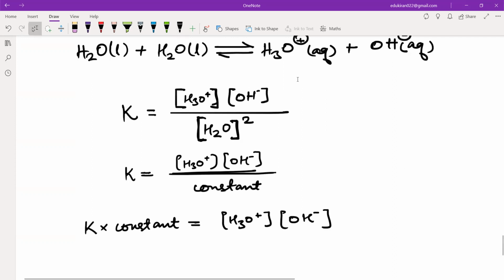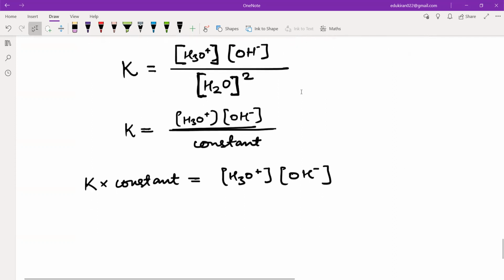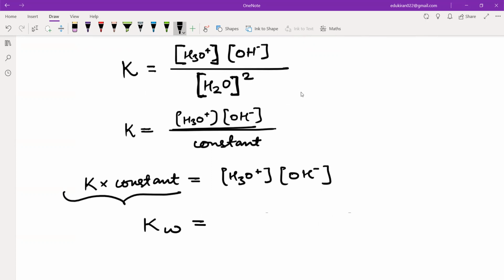Any problem here? No, sir. Now this K and constant together is known as Kw. This is known as the dissociation constant. Kw is known as the dissociation constant of water, or the ionic product of water.